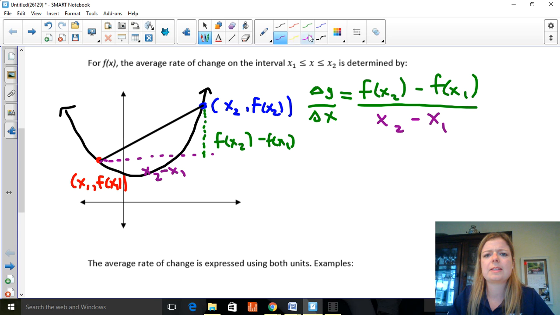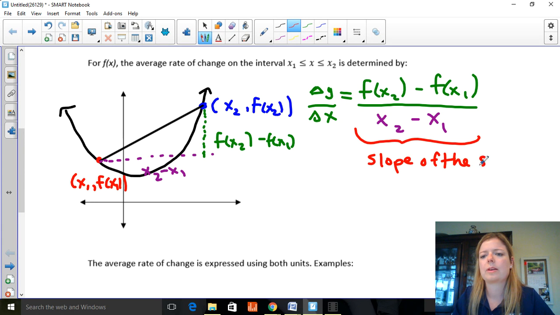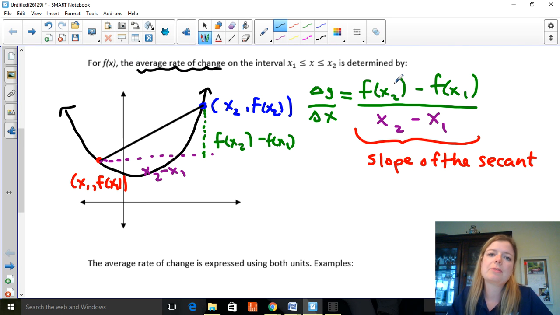So this is just another way of writing this whole thing. It's just the slope of the secant, and that is how we determine the average rate of change. Really this is just the slope formula. It's just that now we're using function notation on top instead of y2.